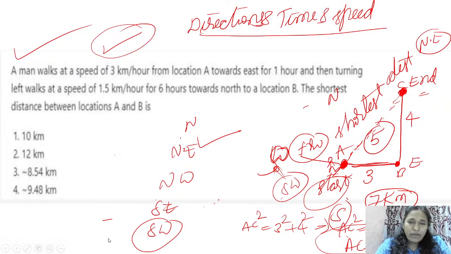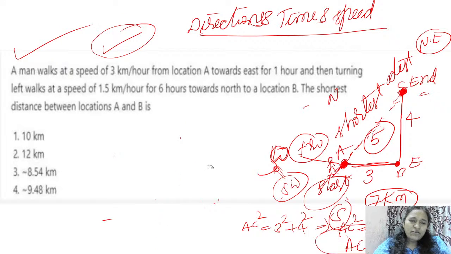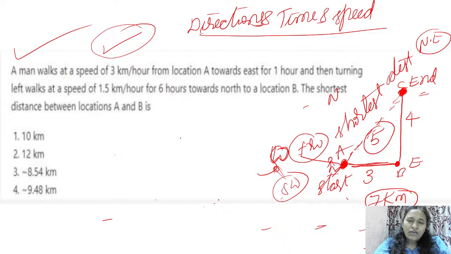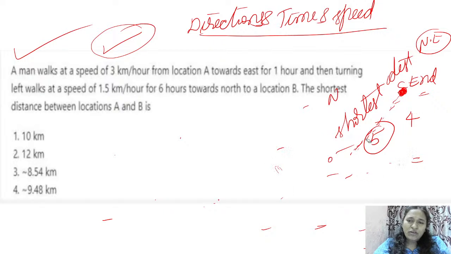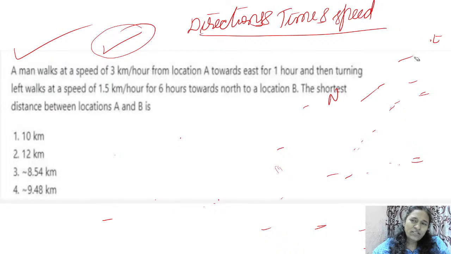Like that, questions will be coming. I gave the basic idea of the directions. We will do some previous questions in detail in the coming sessions. For now we will solve this question.